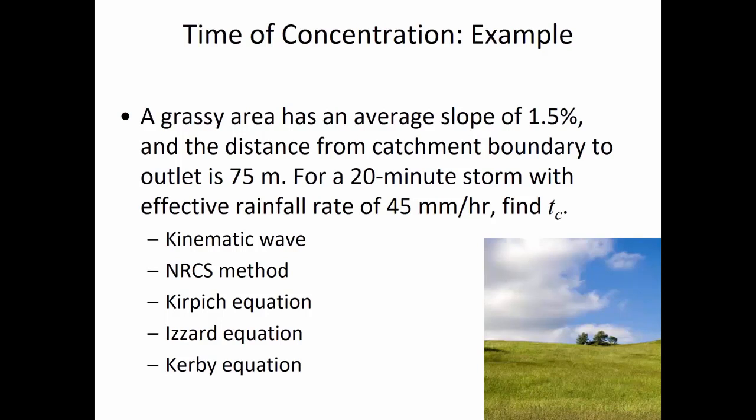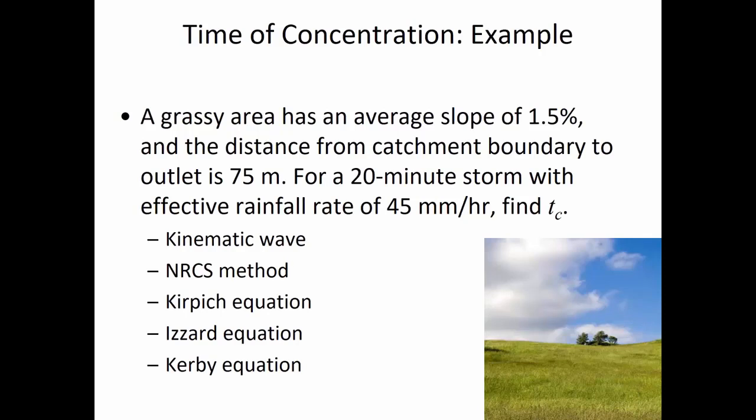The effective rainfall rate, the I that we're going to use, is 45 millimeters per hour. And then the N value for a grassy area, we'll use N is 0.15 from the tables that we looked at before.